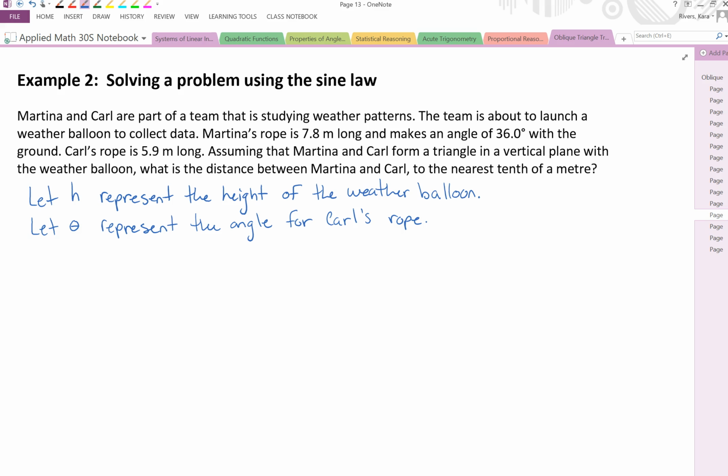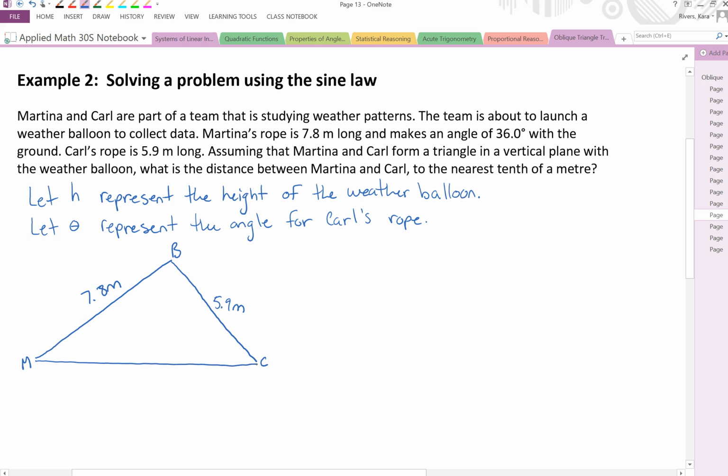So one situation I can see is if I drew the 7.8 meter rope here and put Martina here, had the balloon sitting up here for B, then I would have Carl with the shorter rope, 5.9 meters here. And then I'd be figuring out the distance they're standing apart this way and have the vertical height of the balloon be placed there.